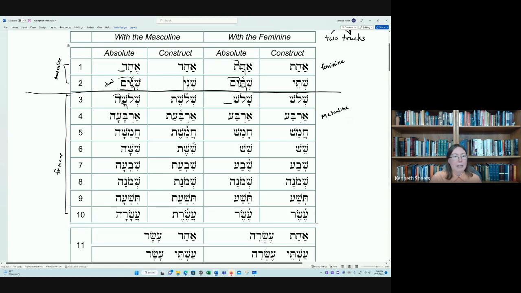So you can see again, we have echad, shenayim, shelosha, arba'a, chamisha, shisha, shiv'a, shimona, tisha, and asara. And so those are going to be the numbers.